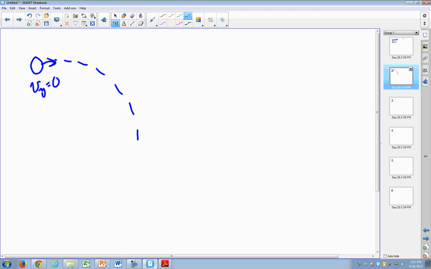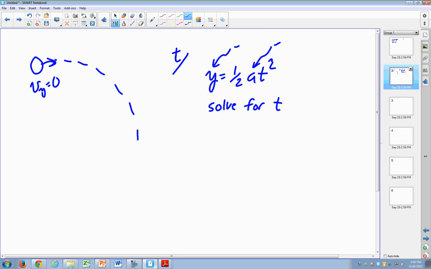In order to find the time that it's in motion, so to find t, you say y is equal to 1/2 a t squared. You lose the v naught t term because v naught y is 0 in this case. This is just like lab, just like shooting a little ball off the thing. So you solve this for t, being careful with your signs. Remember your y is negative as well as the acceleration is negative.